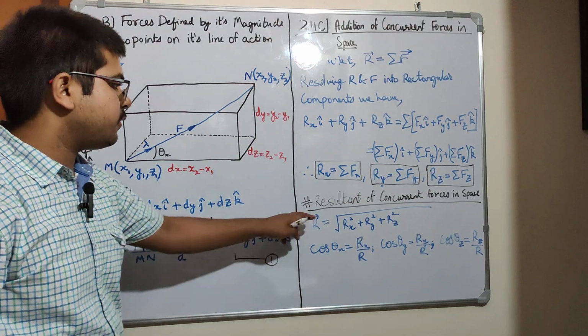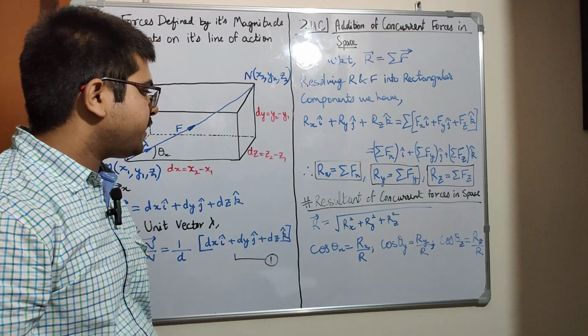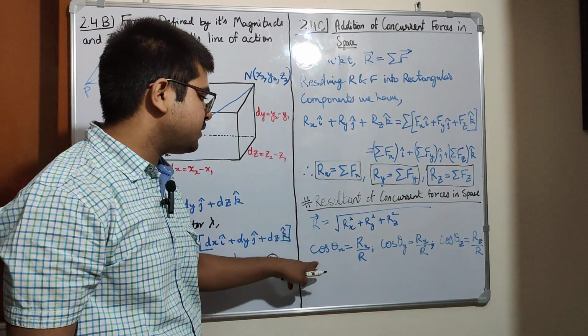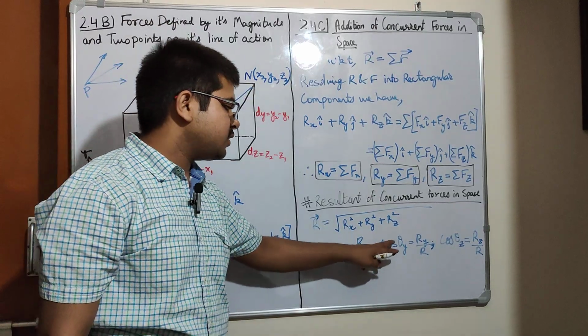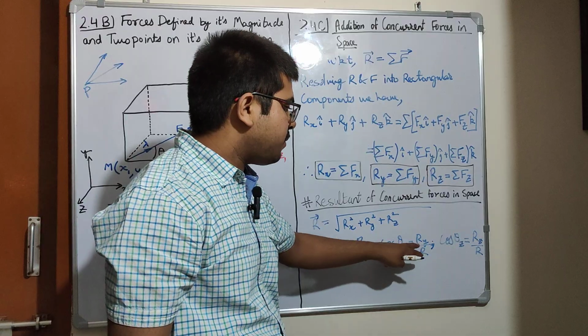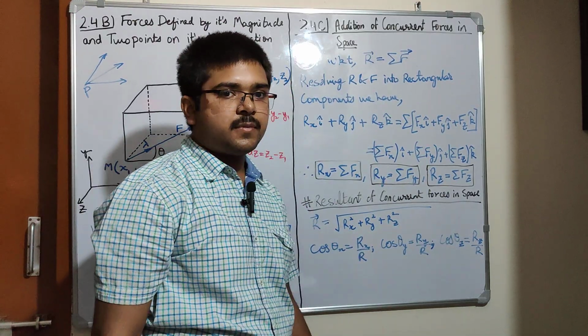So for a resultant of concurrent forces in space, we have R equals root of Rx square plus Ry square plus Rz square, and cos theta x is equal to Rx by R, cos theta y is equal to Ry by R, and cos theta z is equal to Rz by R.